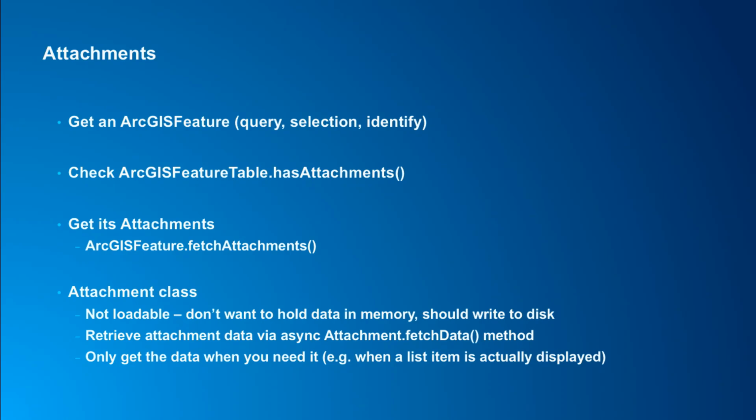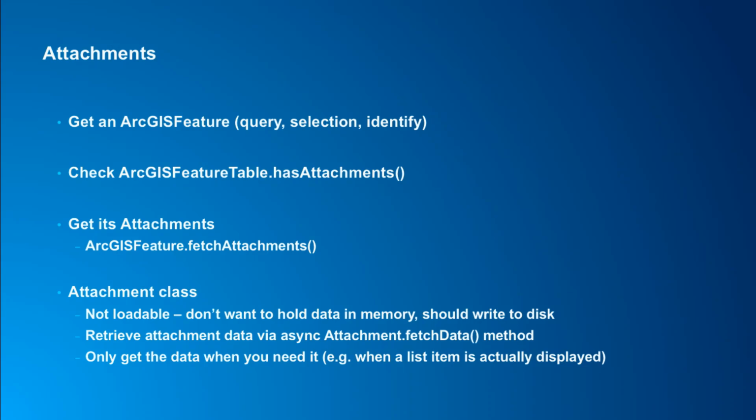That gives you the attachment class, which is not a loadable object. You could think about attachment being loadable because you could think about loading the data of the attachment. However, we didn't want to do that because attachments can be very large.